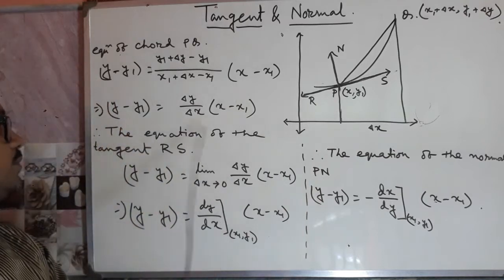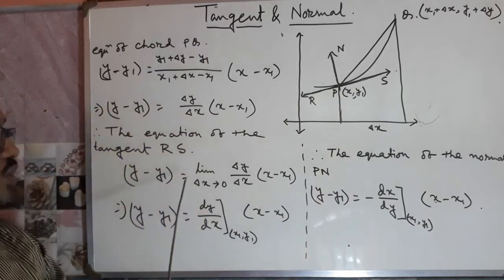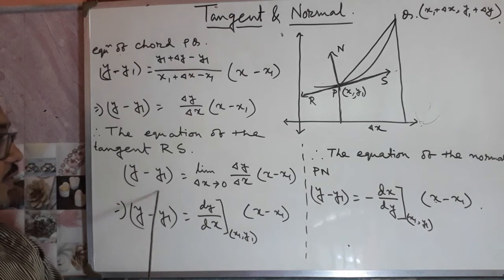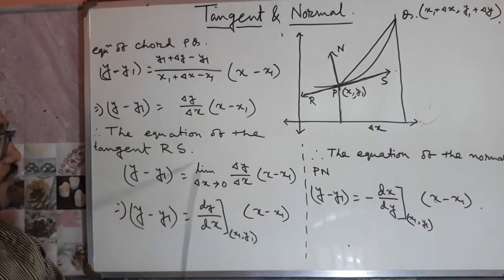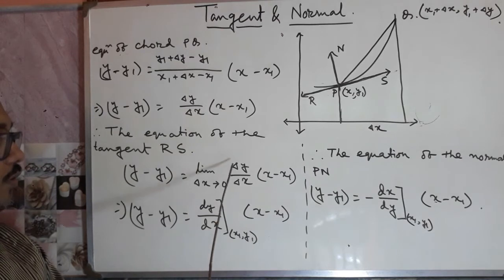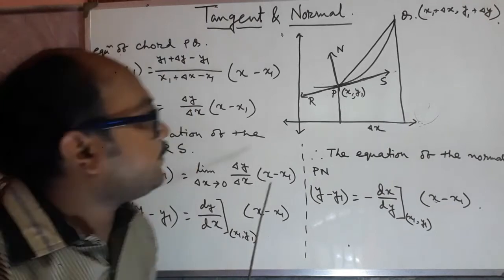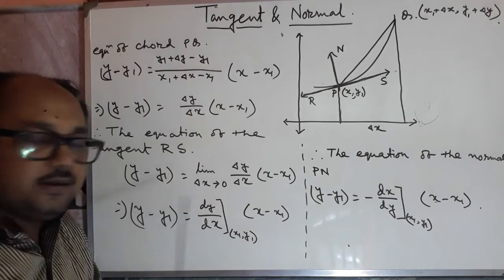So for the equation of the tangent RS, we have to use limit delta x tends to 0. So y minus y1 is equal to limit delta x tends to 0 of delta y by delta x into x minus x1. What is limit delta x tends to 0 of delta y by delta x? That is dy dx, the derivative of this function at that particular point x1, y1.